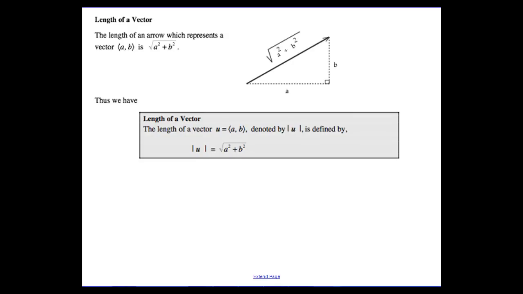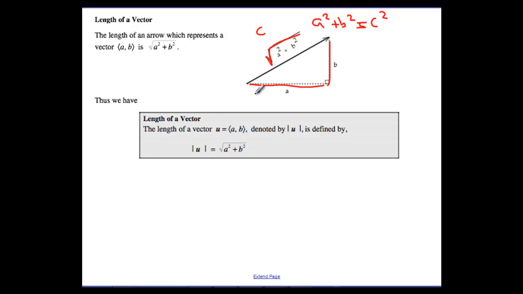And what about the length? Well, the length of a vector is just basically using the Pythagorean theorem. So imagine this has length a and this has length b. Well, this is going to be the square root of a squared plus b squared, using the Pythagorean theorem that a squared plus b squared equals c squared.